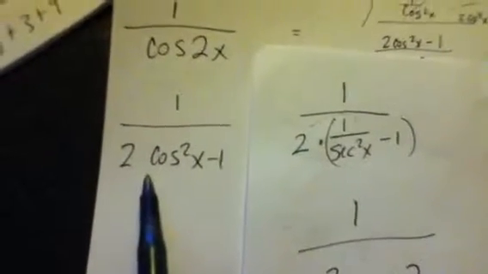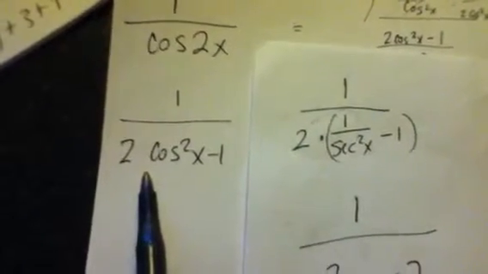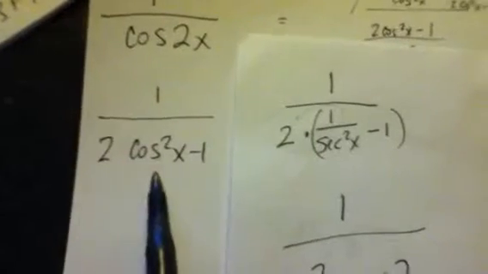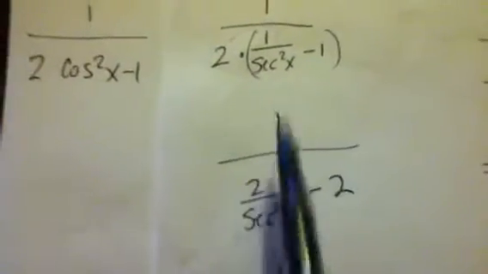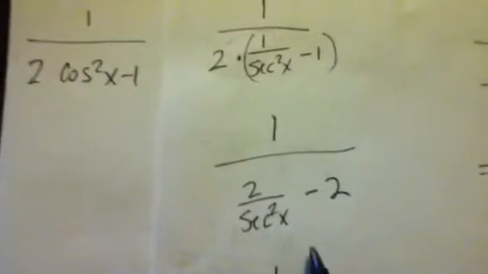And that 2 was already out there, and then I multiplied. I mean, the 2's there from the formula that I replaced this with. And then I distributed, and I ended up with this.